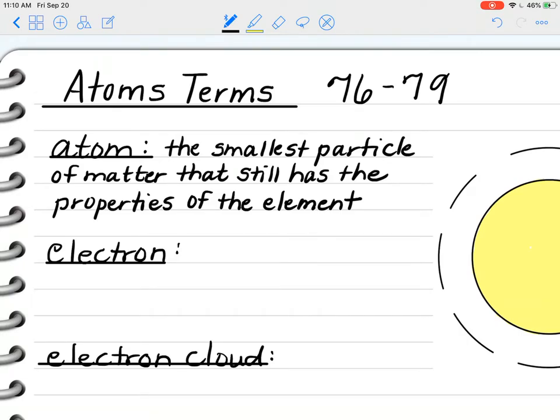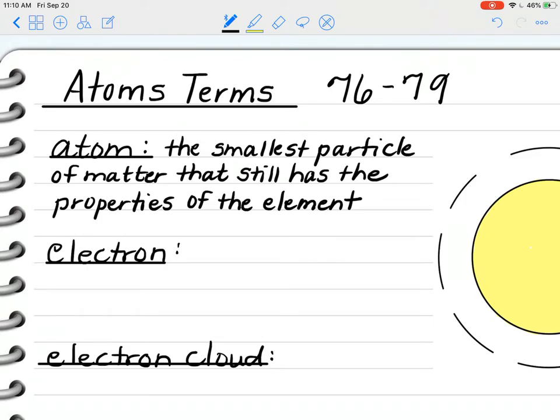If you look at the tip of your pencil right now, there are millions of atoms on the tip of the pencil. You cannot see these with the naked eye. You need a special kind of microscope to be able to work with atoms.